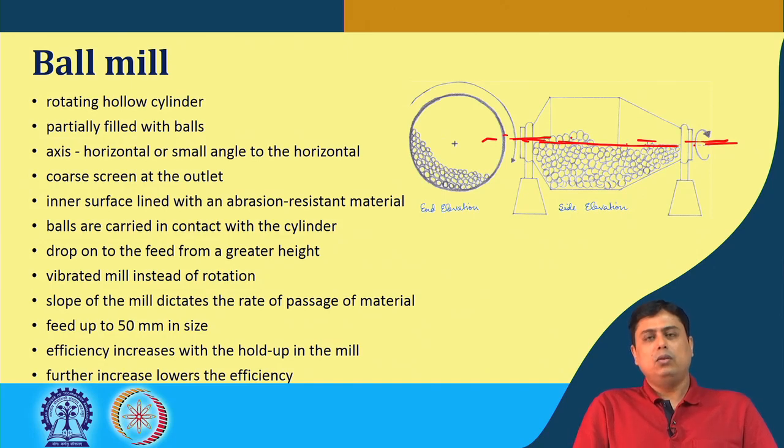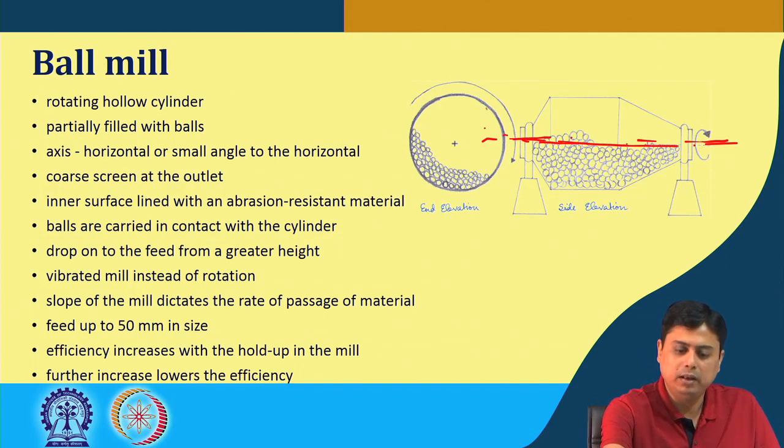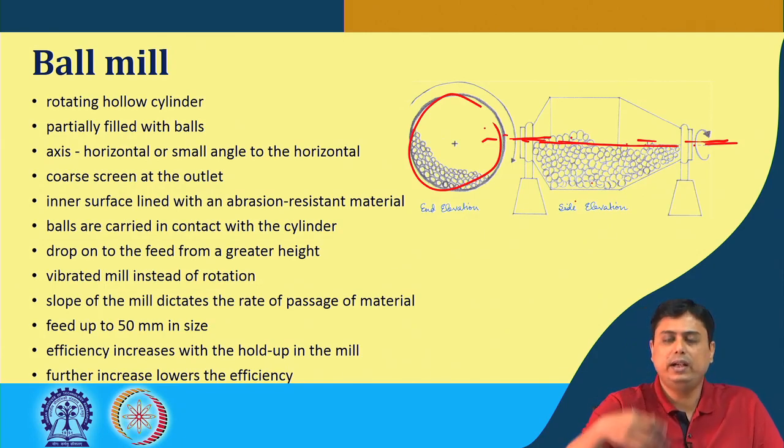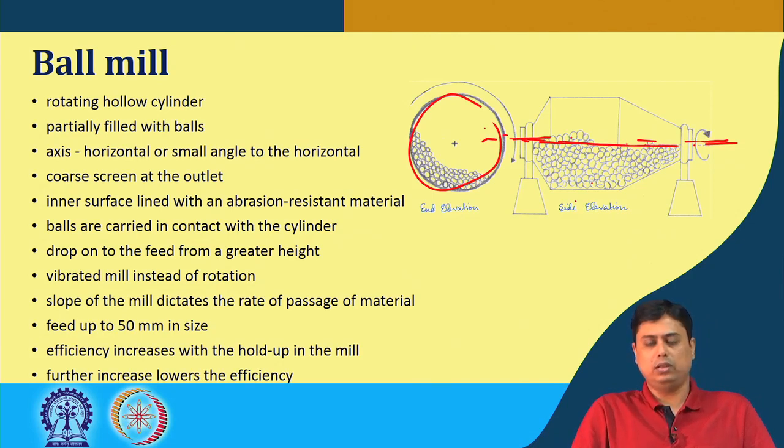Typically we have screens at the outlet to have the desired sizes of the product, smaller than the screen. The inner surface of this ball mill, or the rotating chamber, is typically made of abrasion resistant material, because we can understand these balls are tumbling with one another.